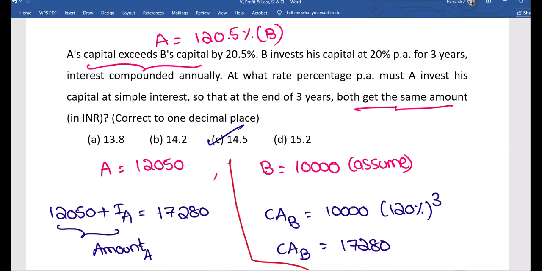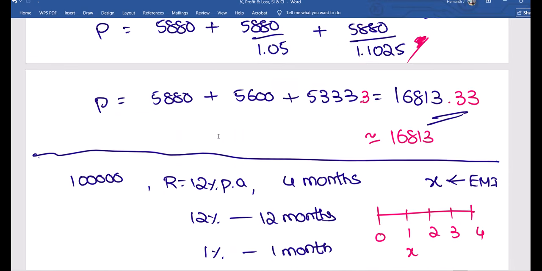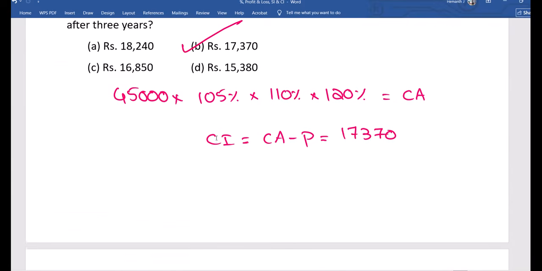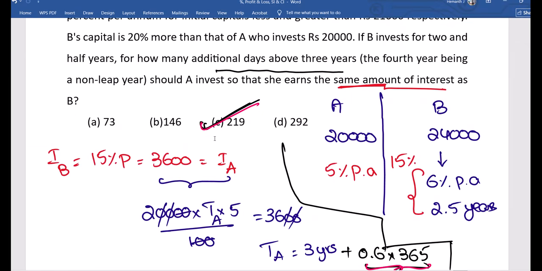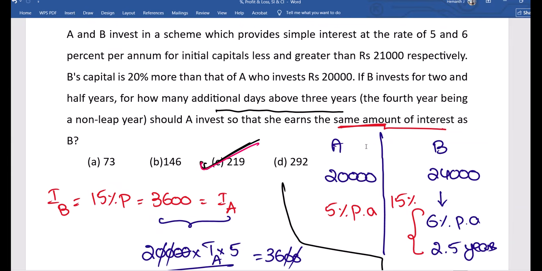Any doubt in this one, please? Here it is the amount. Previously, in one question we discussed only interest, where the interest must be the same, and that too with both simple interest. But here one is simple interest and one is compound interest.